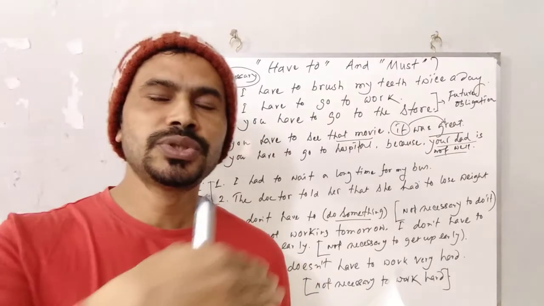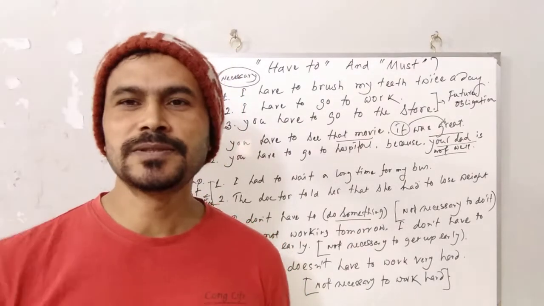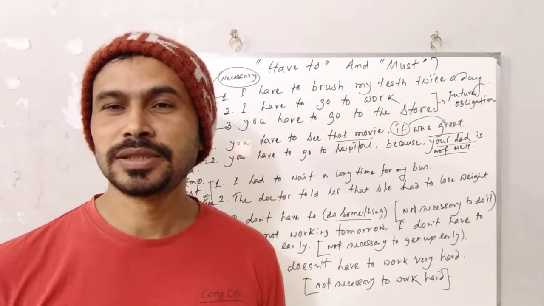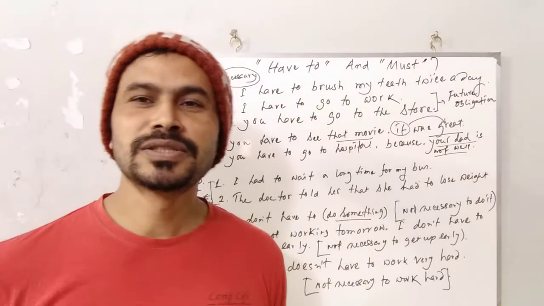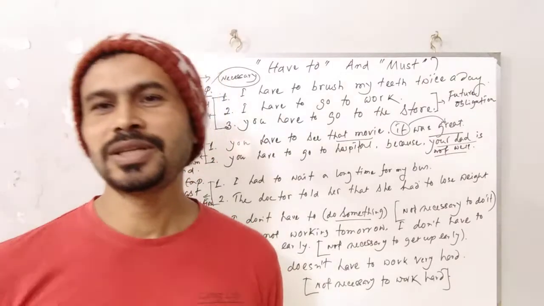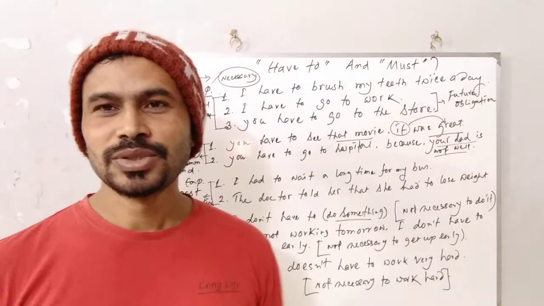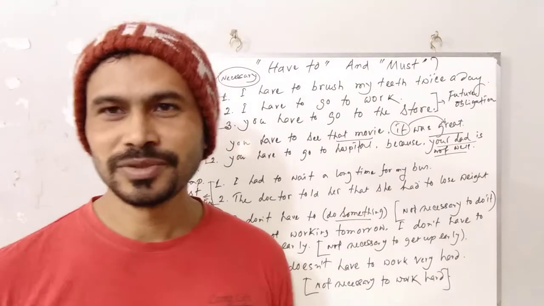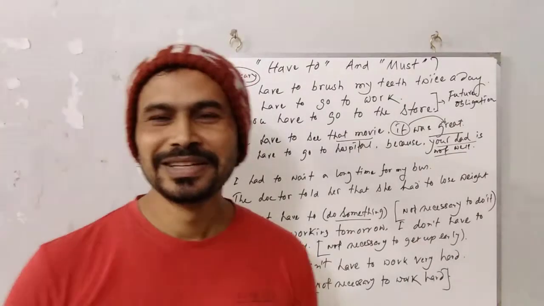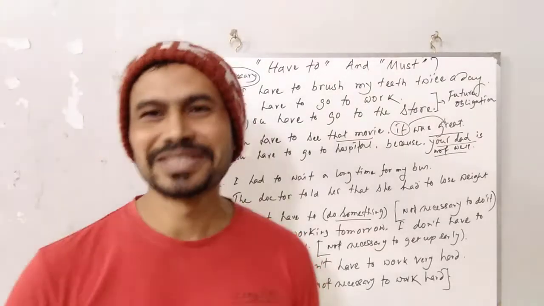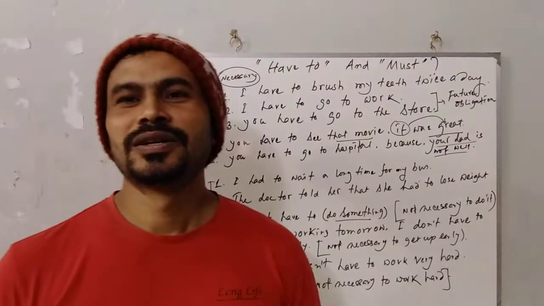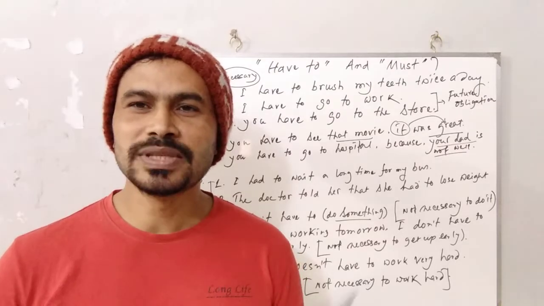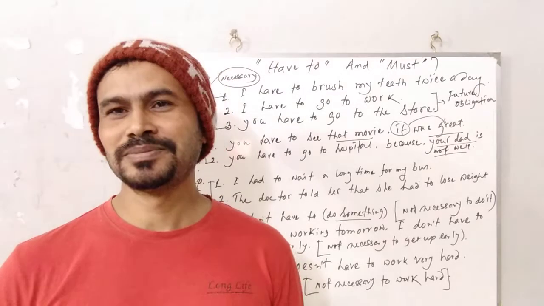So "you have to go there" means future obligation, and negative future obligation means "you don't have to go". So this is negative obligation, also negative future obligation. I think, my friend, this is an interesting matter to understand. If you understand the future obligation, I think you can easily use negative obligation.